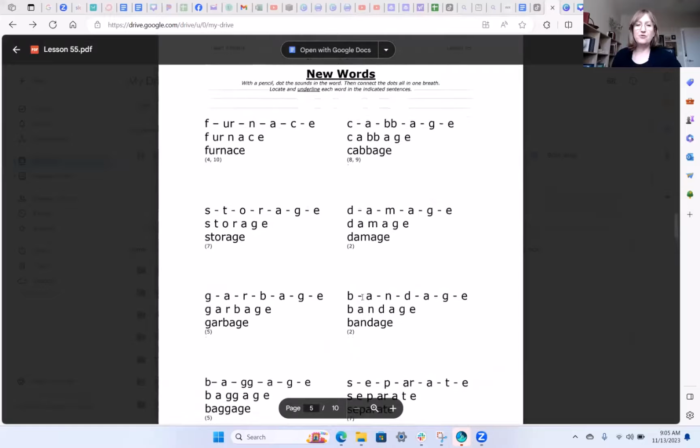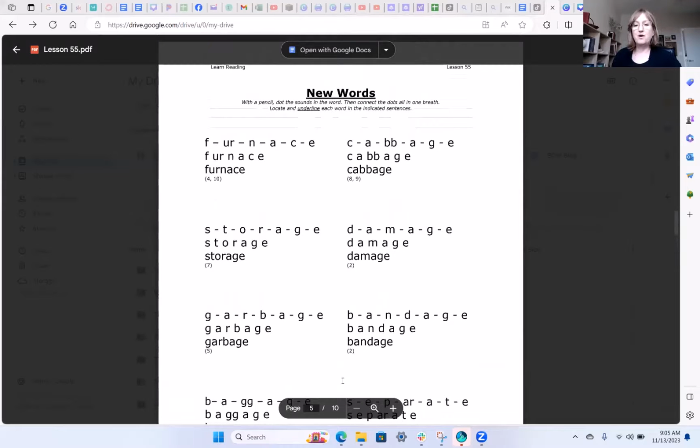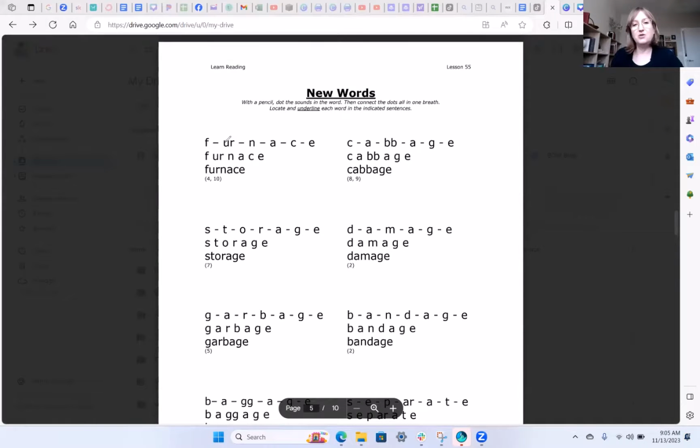So let's do the first 4 here together. If I were going to pencil read this word, I know that this UR is going to make the er sound, and I'm going to make this a short I symbol to remind myself that A consonant E at the end of a multi-syllable word, that A usually changes to the I sound. This C is going to sound like an S because it'll make a soft sound because there's an E after it, and E's at the end are usually silent.